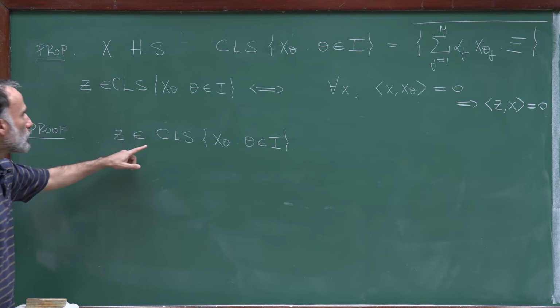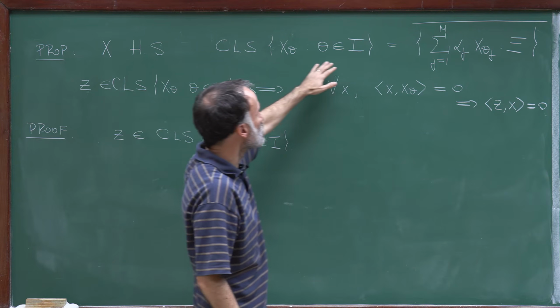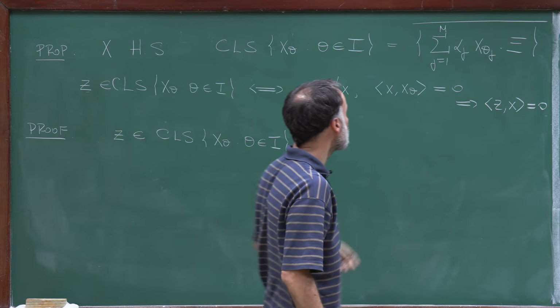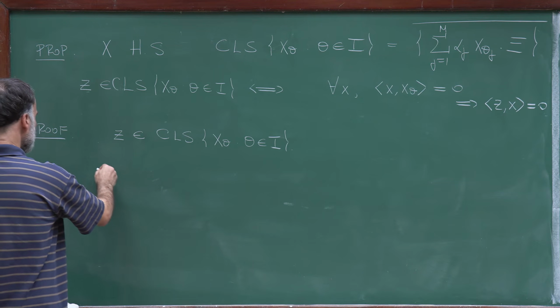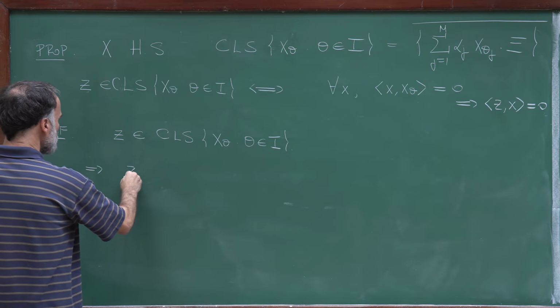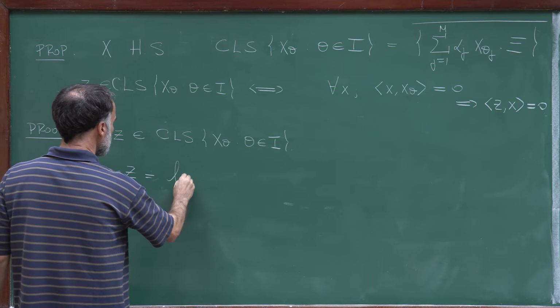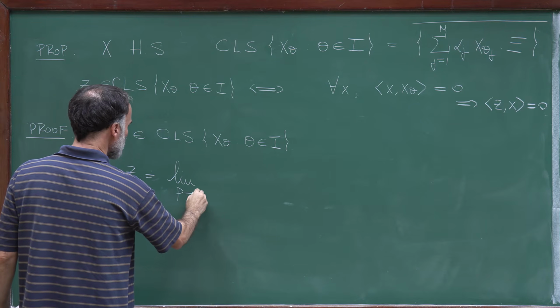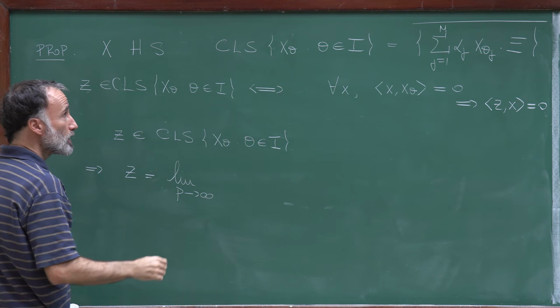If Z belongs to the closed linear span, we know that the closed linear span is given by this expression. So this means that Z is the limit, as p goes to infinity, of one of these elements.